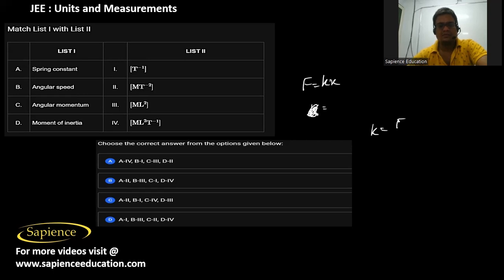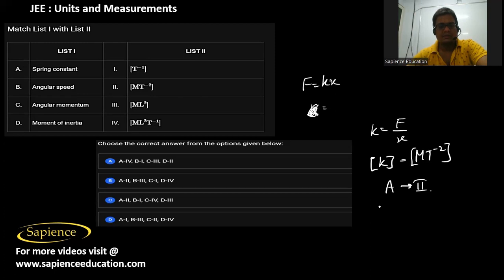So spring constant is equal to force by x. Its dimensional formula we have to find, that is force by length. So that is MT power minus 2. So A will match with 2.